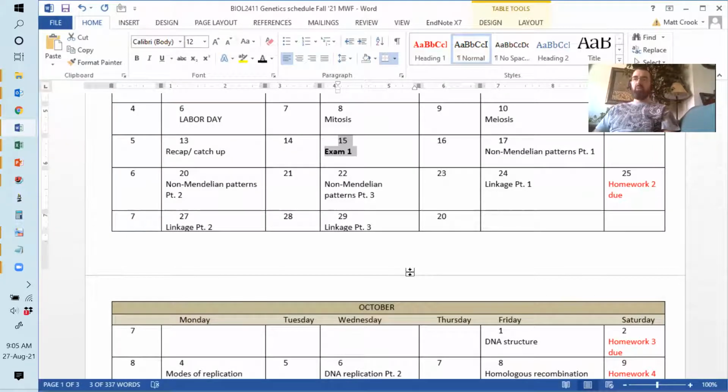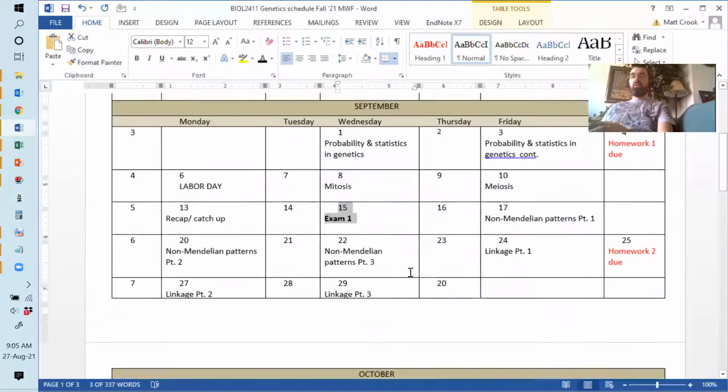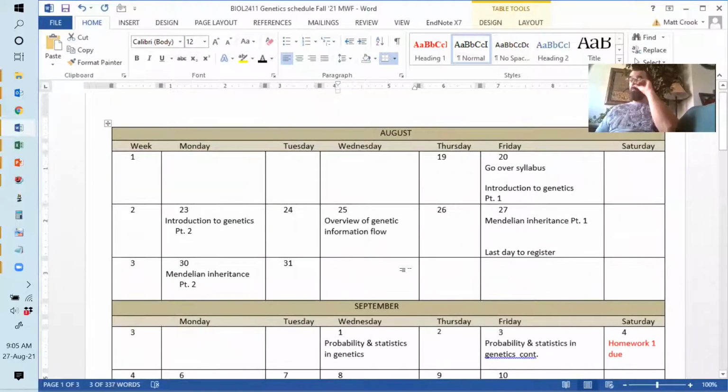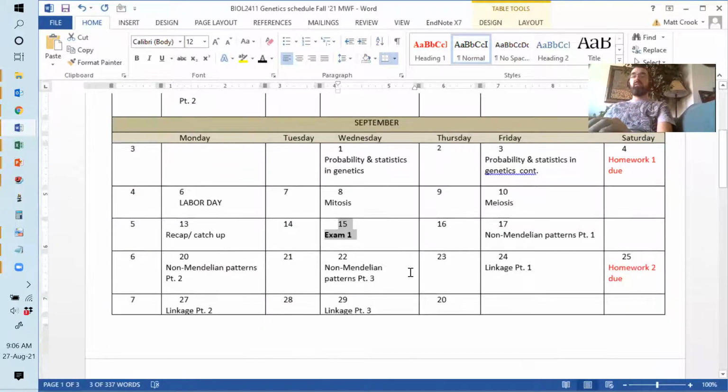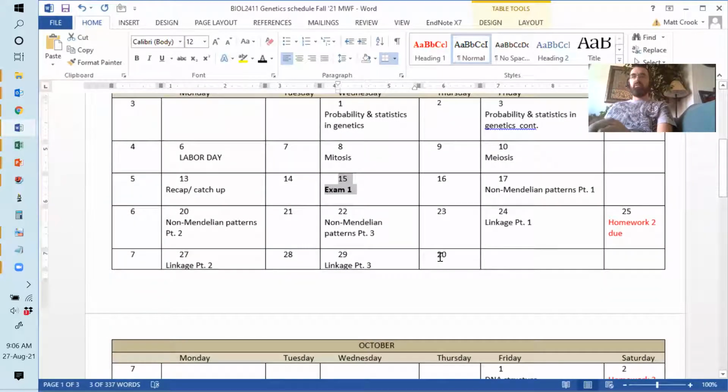Right, so the real purpose of what we're going to be doing up until exam 1 is really getting the basics in, right? So that when we get to non-Mendelian inheritance, which is the really interesting stuff, then we're able to really go to town on that, properly understand what's going on. Oh, I just noticed that should be a 3.